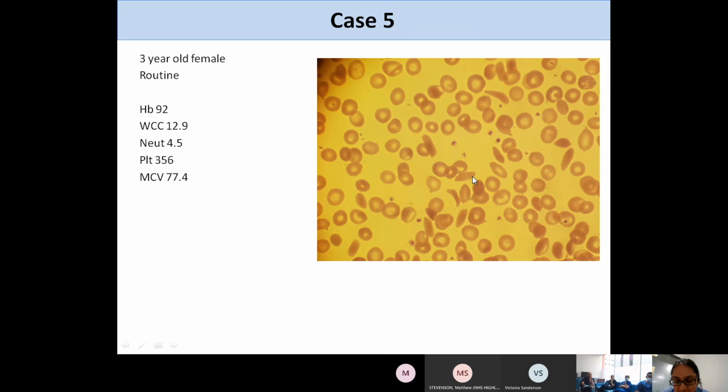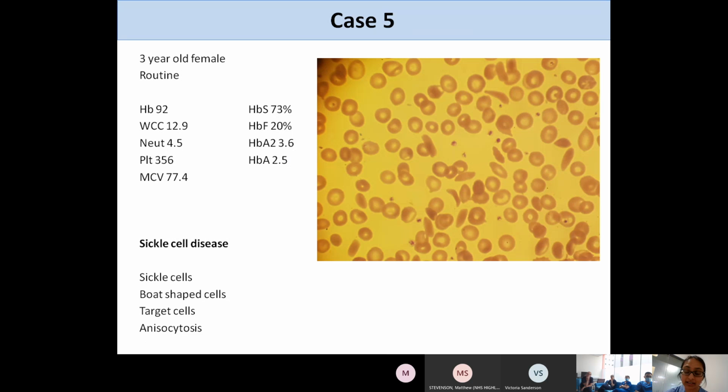And then we also have these cells, which are called boat-shaped cells because they look like the underside of a boat. And this is basically typical of sickle cell disease. And her hemoglobinopathy screen showed a high percentage of hemoglobin S. She also had quite a high percentage of hemoglobin F as well, and still had some normal hemoglobin A.